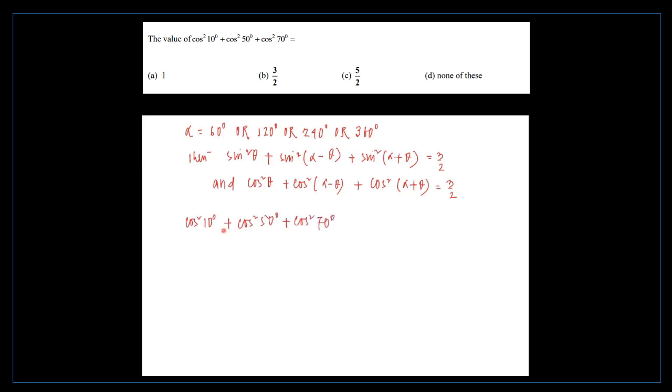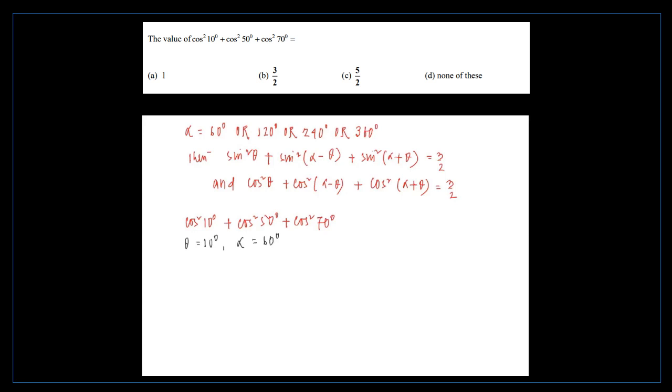Now, if we see this expression properly, we can definitely reduce this in this form. How can we do that? We can understand here that 50 and 70 are both related to 60, and that relation we can establish with the help of this angle, which is 10 degree. As we can see here, our theta is 10 and alpha equals 60.